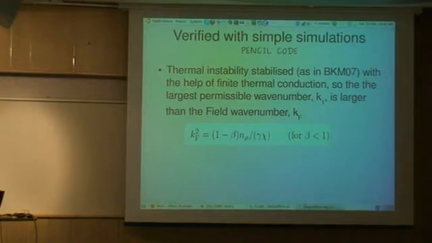So then you can write a criterion for the field wave number: the largest permissible wave number on your grid in the simulation, which we denote K1, must be larger than the field wave number. Then you will truncate the thermal instability at this wave number, so that it will stop condensing exactly there and you can resolve it. Otherwise you cannot really even try to model the thermal instability with a finite difference code.